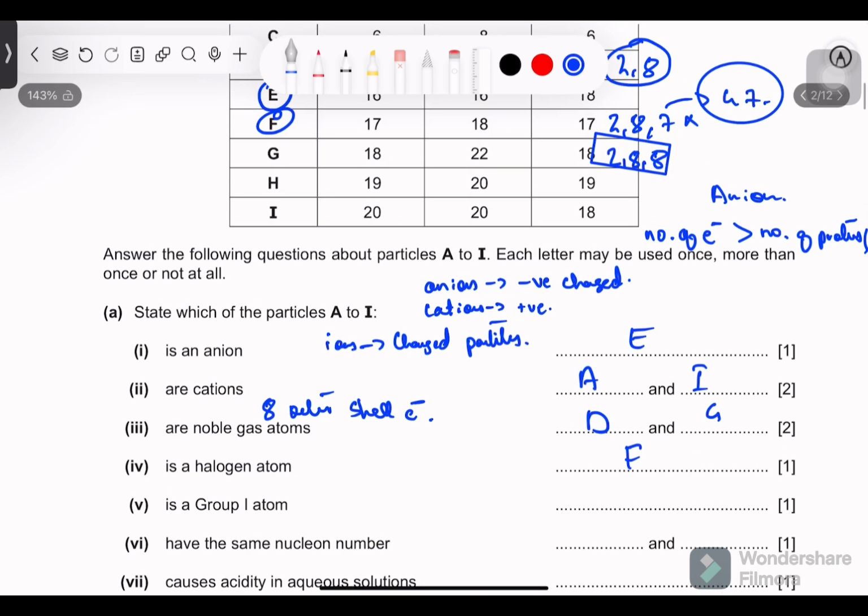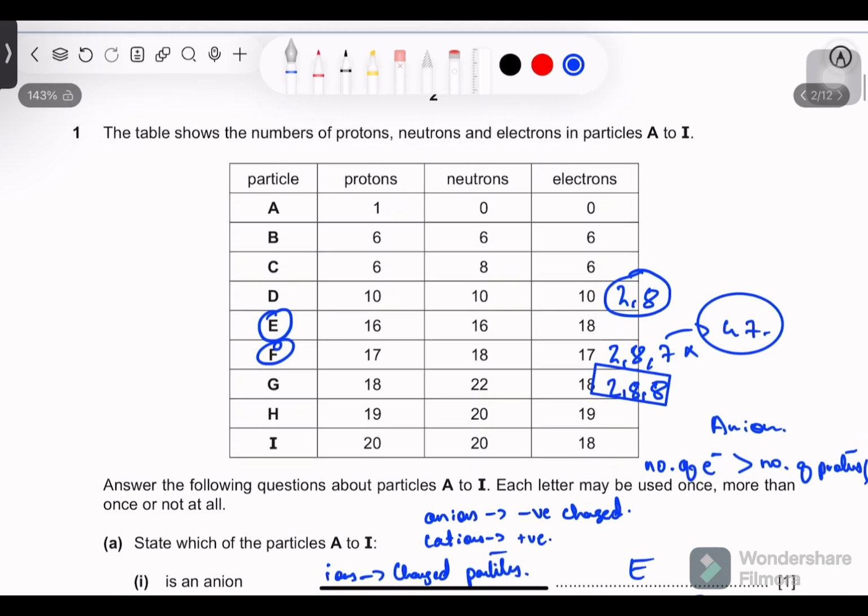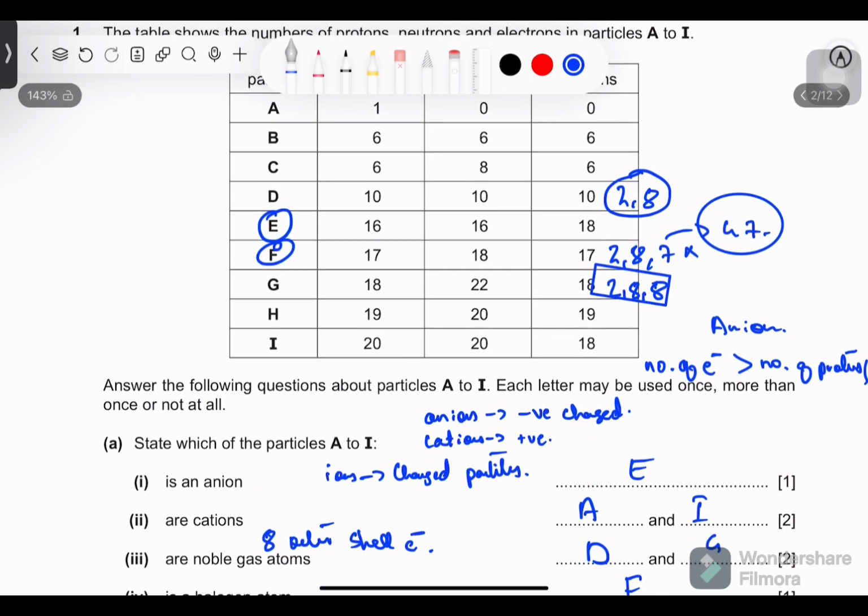Is a group 1 atom. Group 1 atom means the number of outer shell electrons should be 1, because the group number is the same as the number of outer shell electrons. So the electronic configuration in which the outer shell has 1 electron.